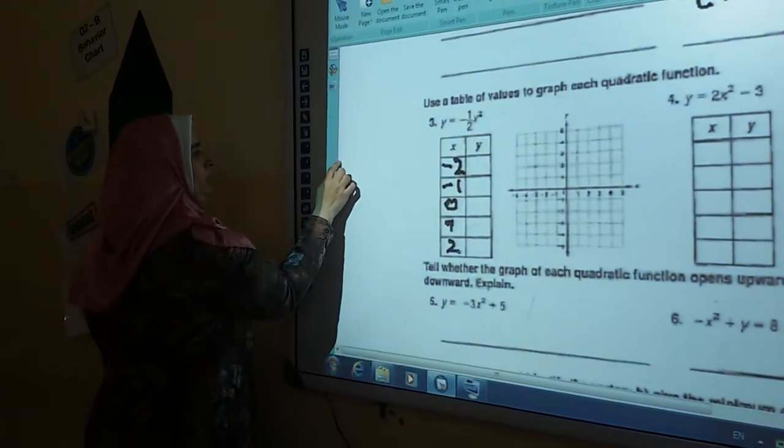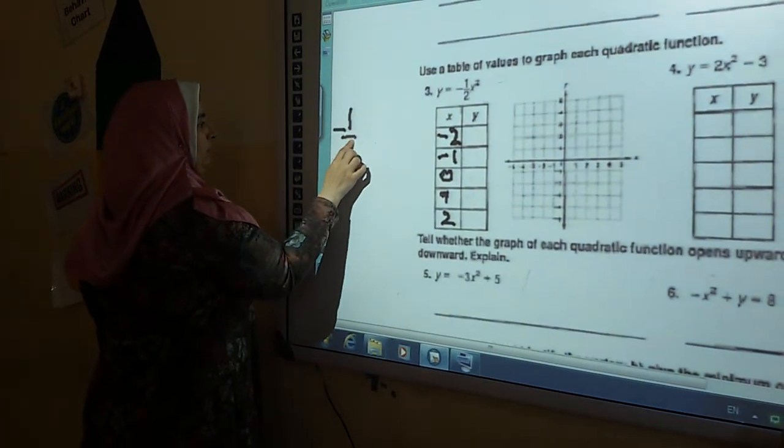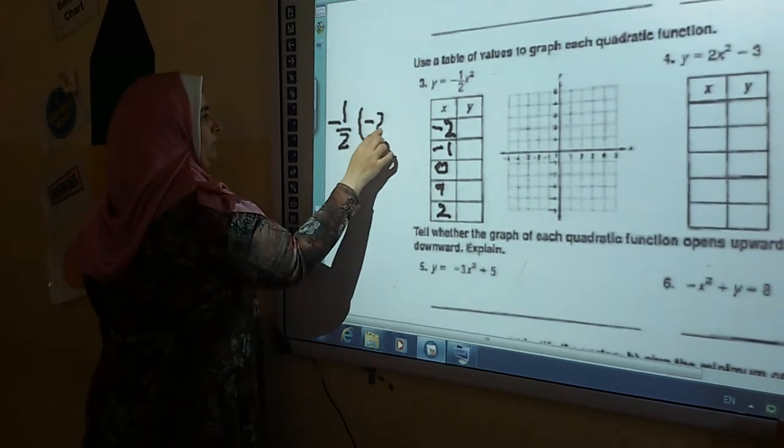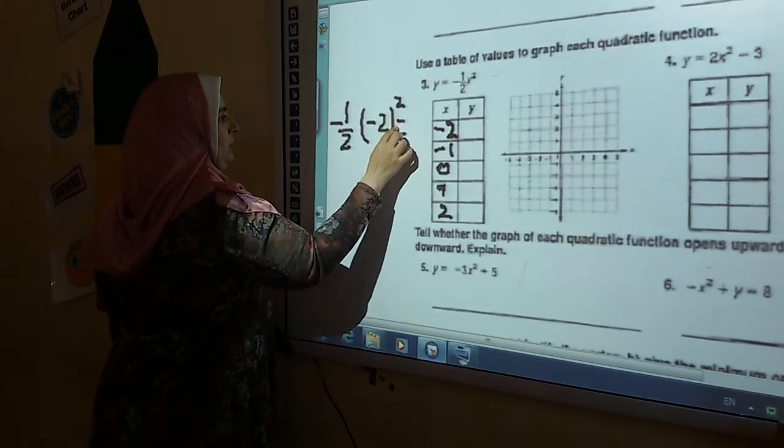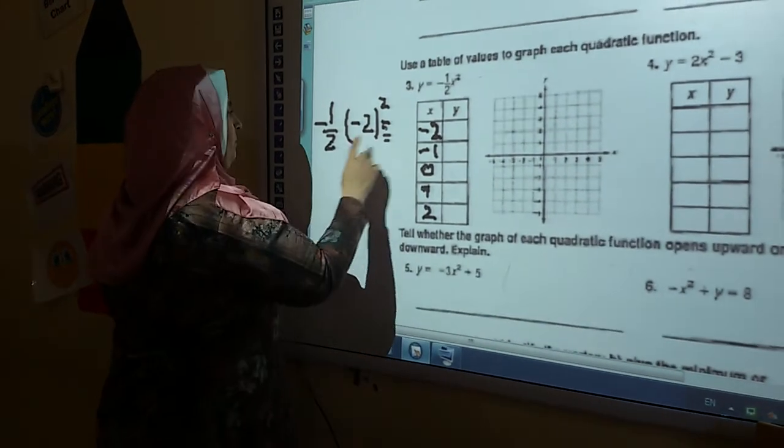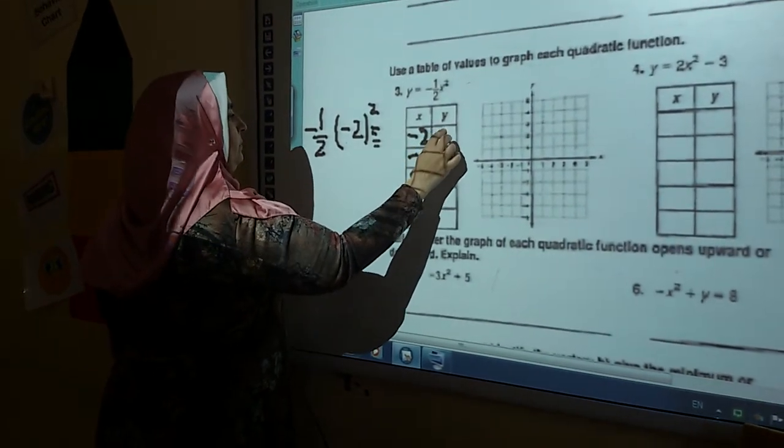So for negative 2, negative half times negative 2 squared will be negative 2.